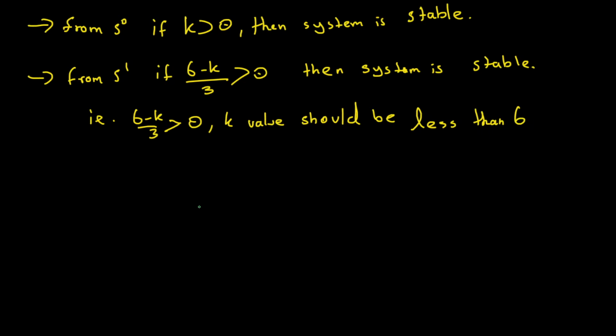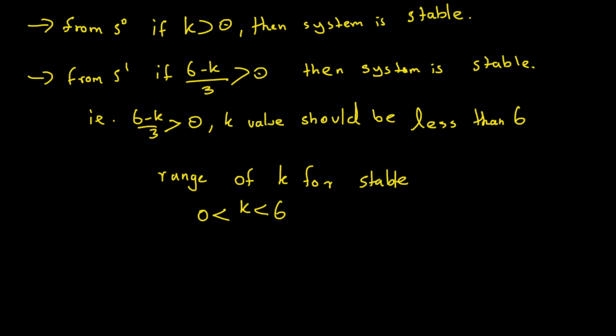Okay, so from this we can say the range of k for stable is greater than 0 and less than 6. In that way, it will satisfy both of the conditions. For the first one, it should be greater than 0. For the second one, it should be greater than 0 at the same time.